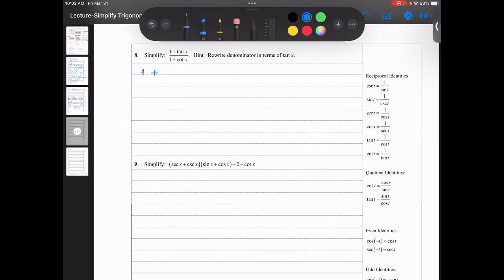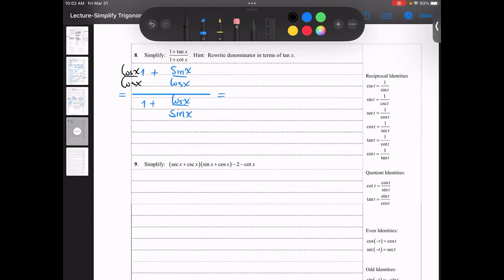1 plus sine x over cosine x, over 1 plus cosine x over sine x. Take care of one thing at a time. The first fraction is missing cosine x for the first term, right?